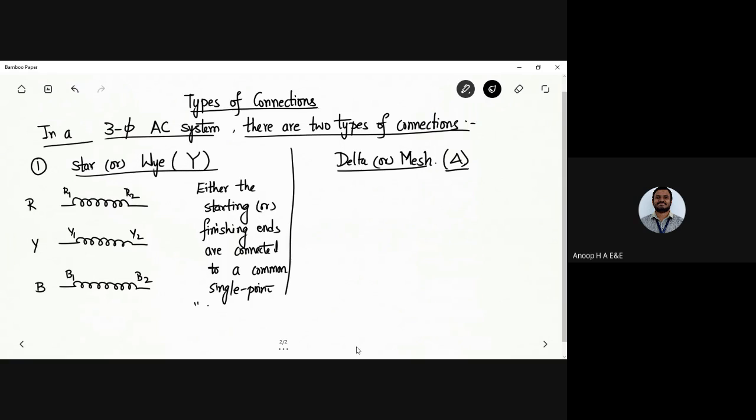These type of connections are called star or Y connections. Star or Y connections.